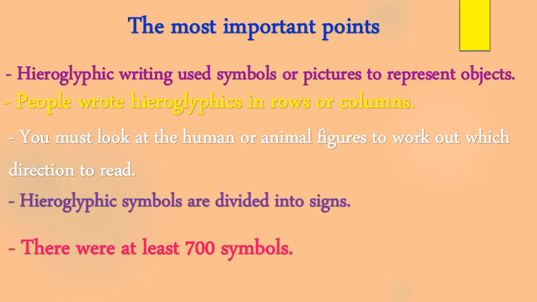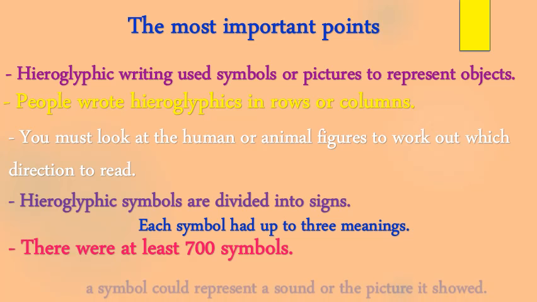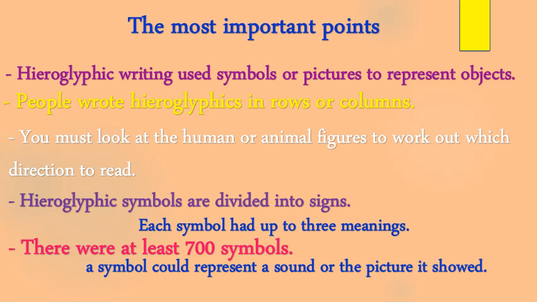There were at least 700 symbols, and each symbol had up to 3 meanings. And a symbol could represent a sound or the picture it showed.